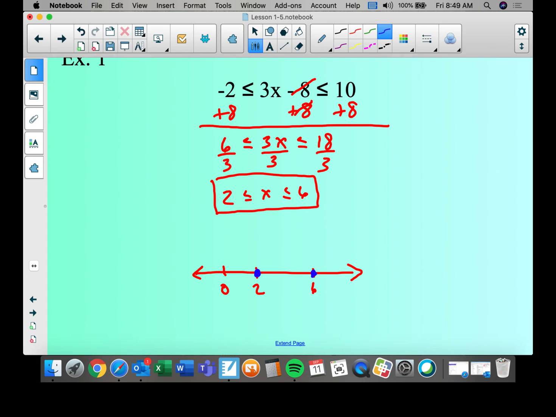And then I'm going to go through and actually shade the values in between. This is one of your AND type of inequalities, so I'm going to shade the number line in between. And that's what it would look like. So any number between 2 and 6 would satisfy this original inequality, and 2 and 6 would also work. Okay? 2 is included in our solution, and so is 6. So there are our values there.